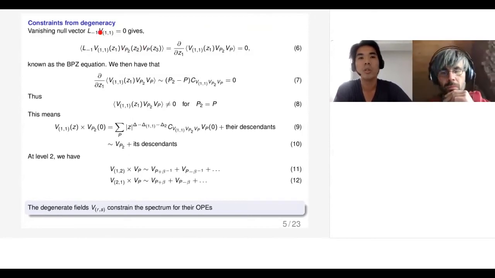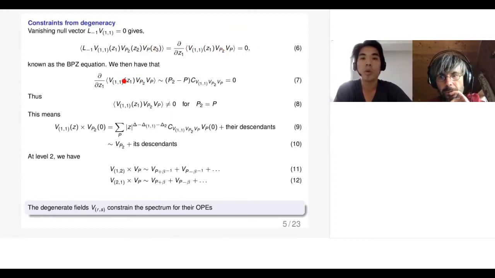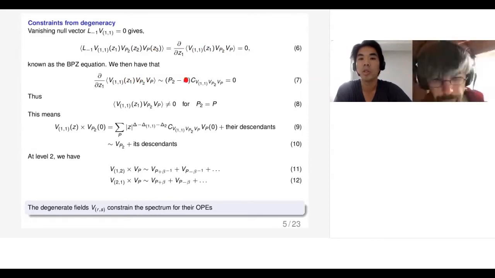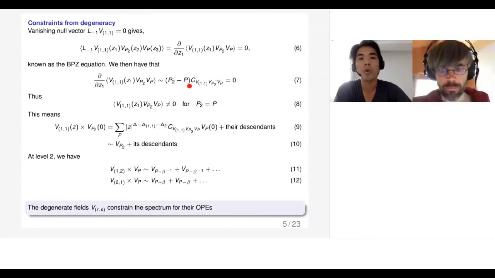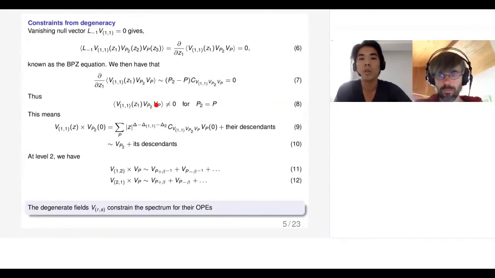And to see how the degeneracies constrain the operator product expansion, let us go through a simple calculation here. So we compute this equation. This is just a 3-point function for 3 primary fields. We compute it explicitly and obtain this result, which tells us that the 3-point function here does not vanish if and only if V_{P_2} is V_P.